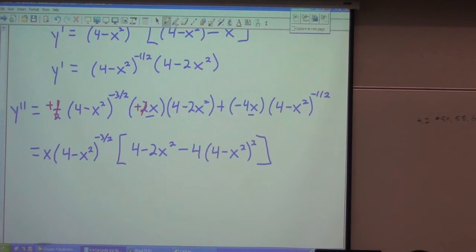You're basically thinking, if we divided this by 4 minus x squared to the -3/2, you're saying -1/2 minus a -3/2. I think -1/2 plus 3/2 would be 2/2. Oh, okay, so it's just 1.